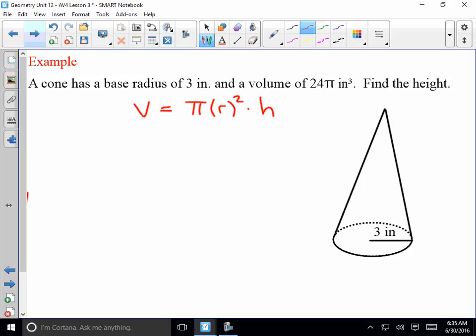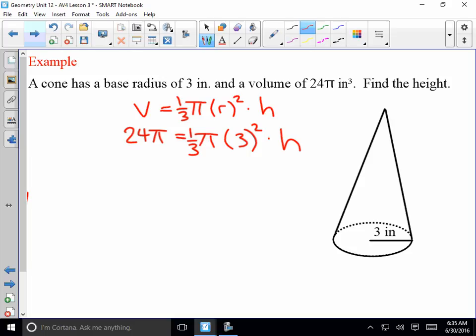We're given the volume, 24 pi. We know we've got pi to start here. We have the radius of the circle, 3 squared, times h. Now we can't forget the 1/3 on the front of this formula.